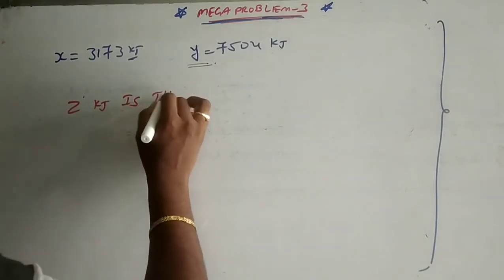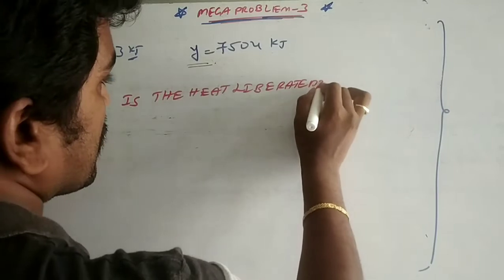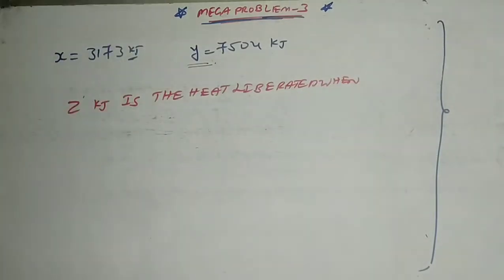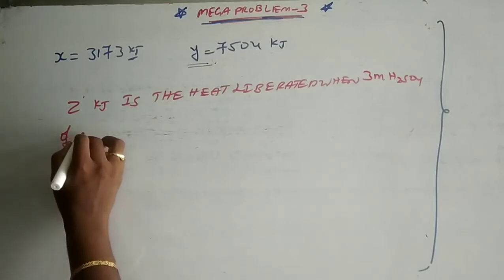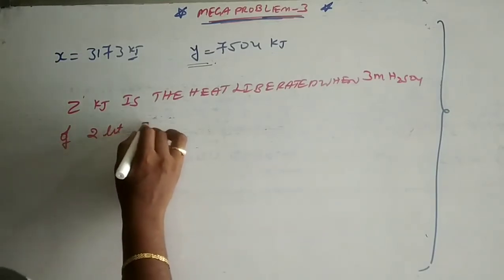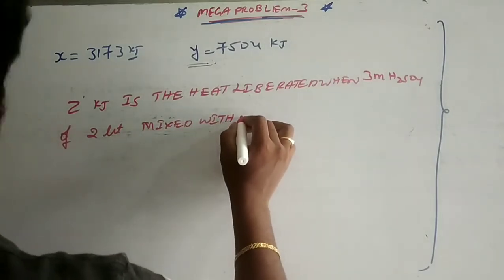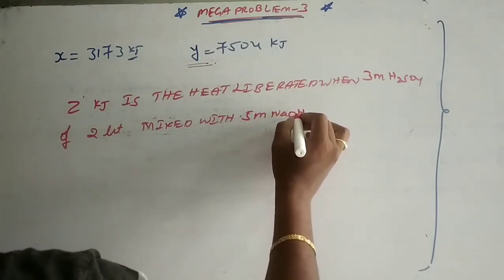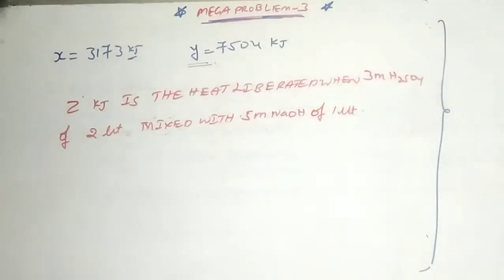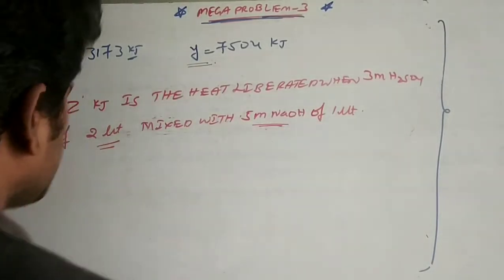Z kilojoules is the heat liberated when 3 molar H2SO4 of 2 liters is mixed with 5 molar NaOH of 1 liter. So 3 molar H2SO4 of 2 liters mixed with 5 molar NaOH of 1 liter.